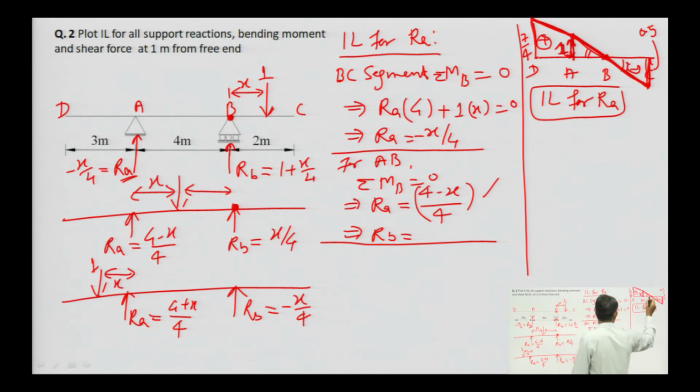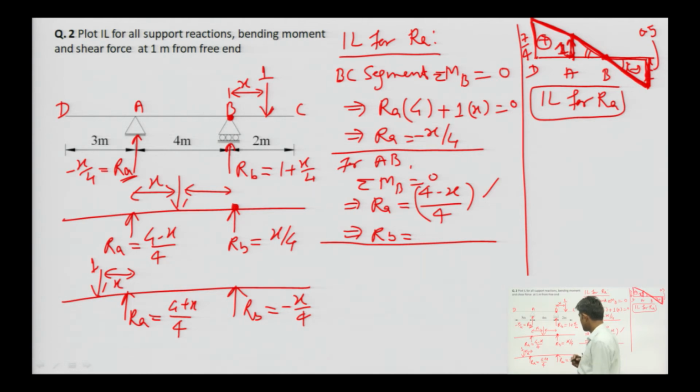The plot shows that when any load, either point load or UDL or any type of load, is in the DB segment, the value of RA will be positive, meaning upward direction. When the load comes in segment BC, the value of RA is negative. It is shown by this diagram.